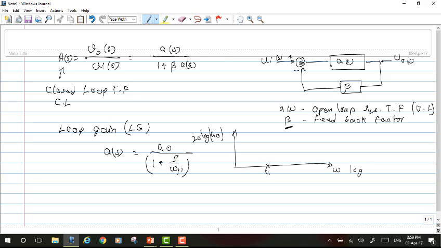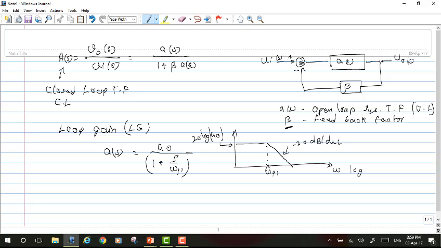Now this omega p1 is a pole that has been created, and as we increase this input signal frequency till I reach the point where the pole exists, I'll have a constant gain, and that constant gain is basically 20 log of A0, right? And after then the gain starts decaying at a rate of minus 20 dB per decade, right? So this is what we have seen till now.